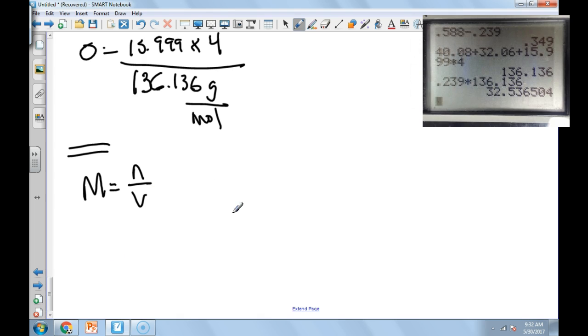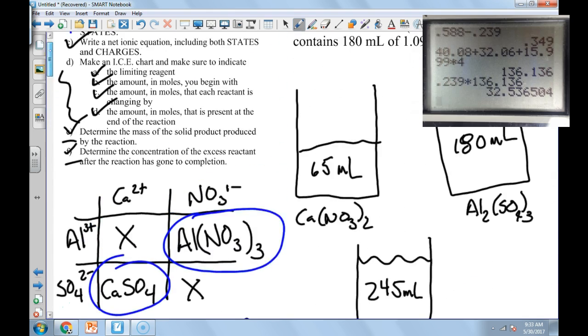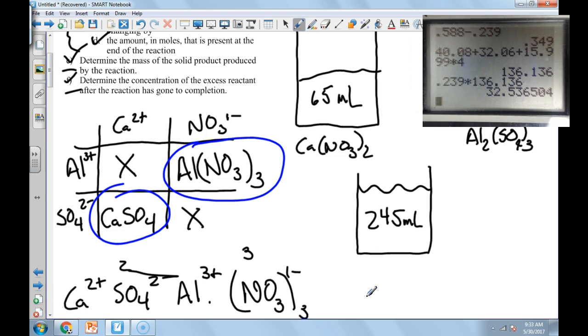Okay, well, how many moles of sulfate did we have? Moles of sulfate was 0.349 moles of sulfate over, and so this is where doing the setup at the beginning helps out. We have 245 milliliters, which is 0.245 liters.